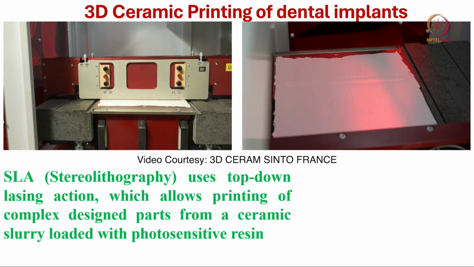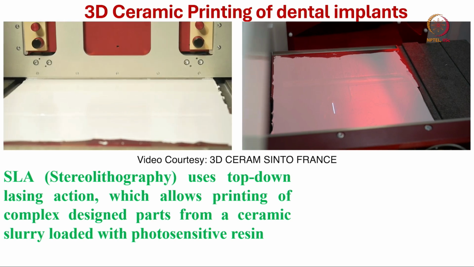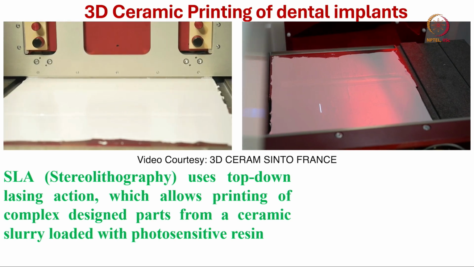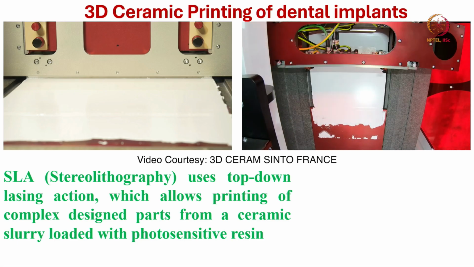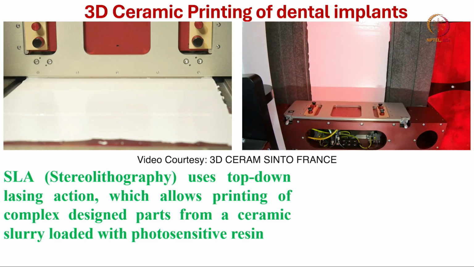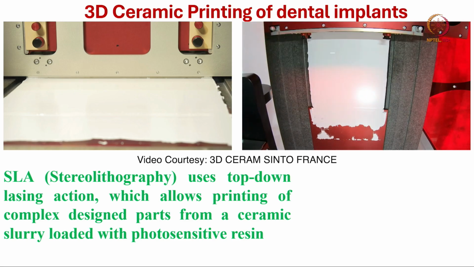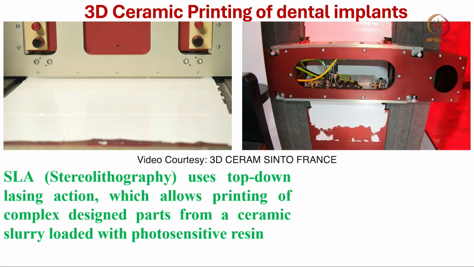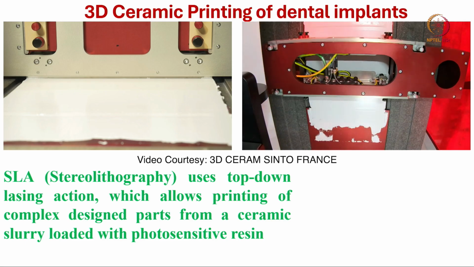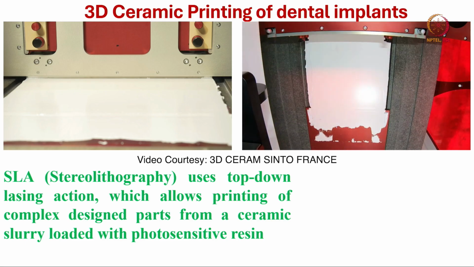Stereolithography SLA essentially uses top-down lasing action, which allows printing of complex design parts from a ceramic slurry loaded with photosensitive resin. So, this photosensitive resin formulation is important, and it will have ceramic particles like 3 mole percent yttria stabilized zirconia and so on.